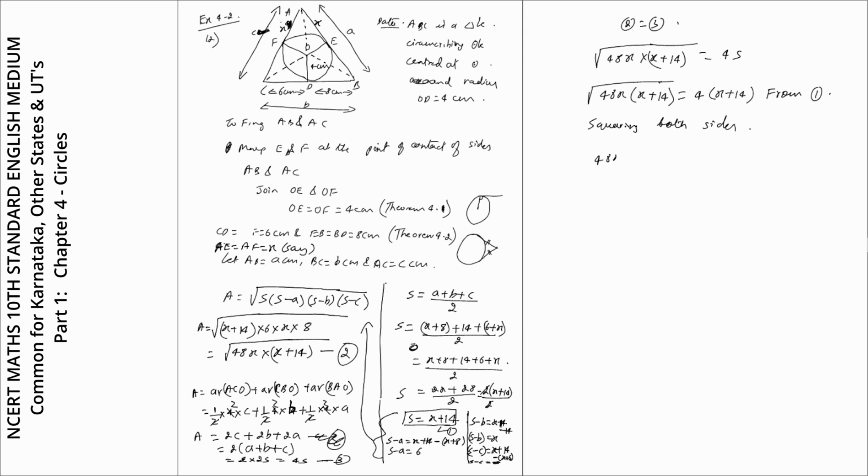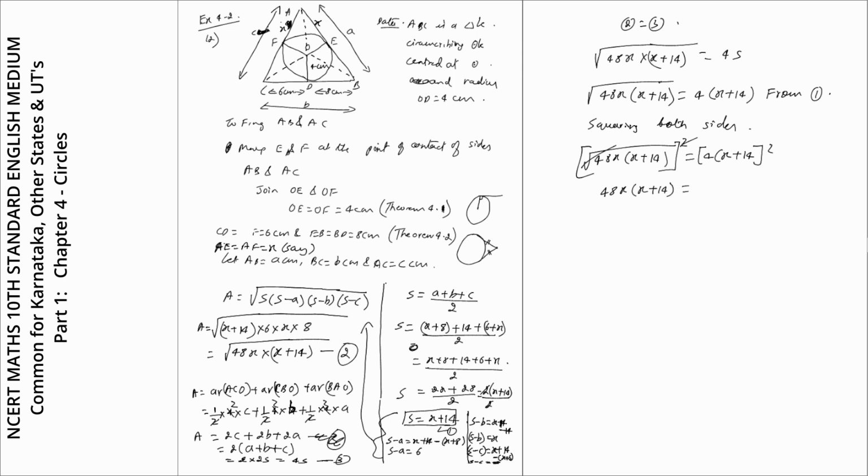So 48x into (x plus 14) equals 4 into (x plus 14). Now I'll square both the sides like this. So now this square root symbol and this 2 will get cancelled here. On the left hand side I'll be left with 48x into (x plus 14).